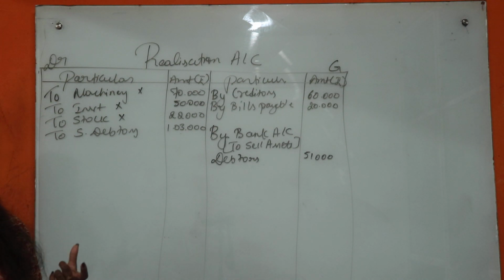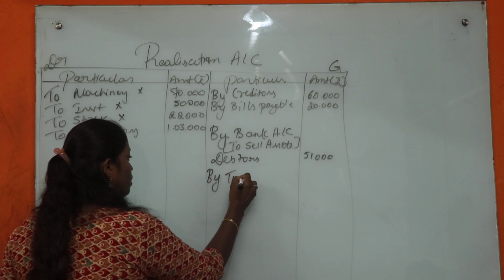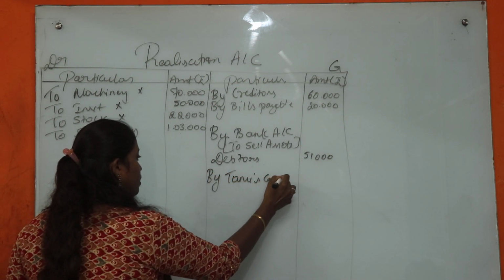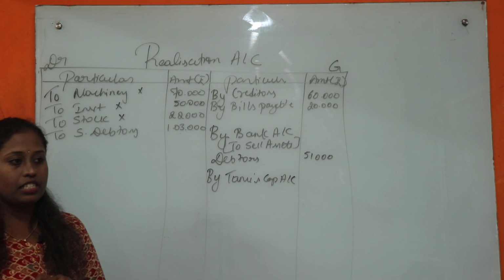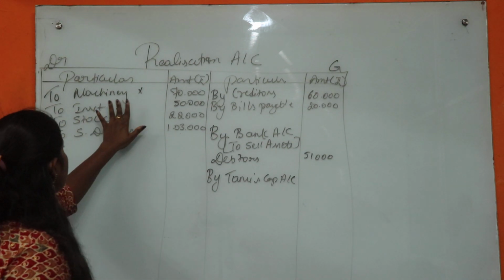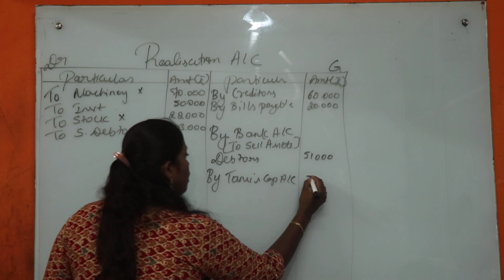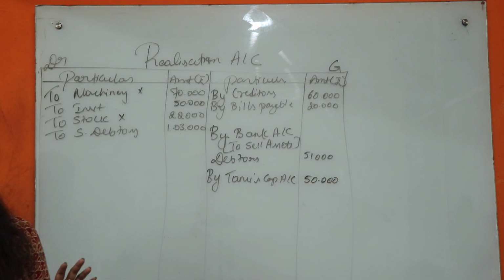That means a partner taking over an asset. What will we write? By Tanu's capital account. She took over investment. At what price? At book value. So investment at book value, which is 50,000. She took it over at 50,000.